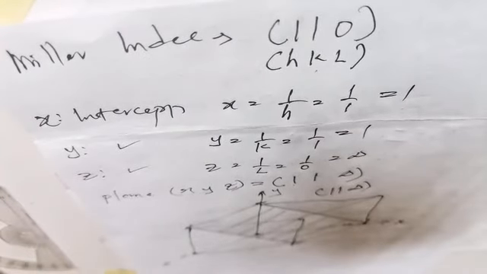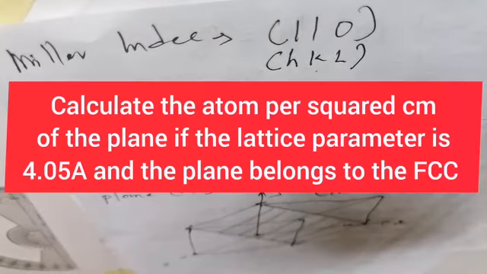Now the next question, still on the B part, says calculate the atom per squared centimeter of the plane if the lattice parameter is 4.05 Armstrong units and the plane belongs to the FCC.